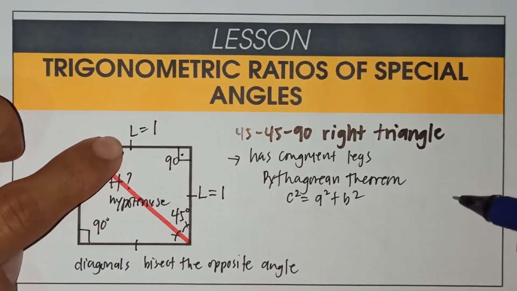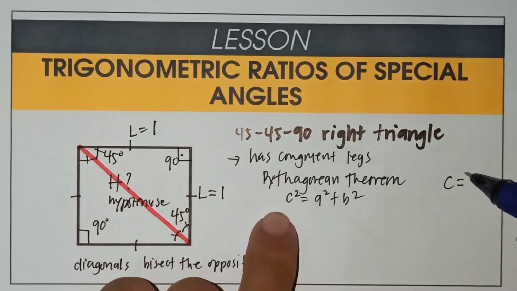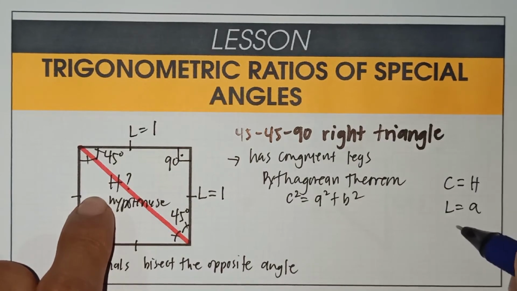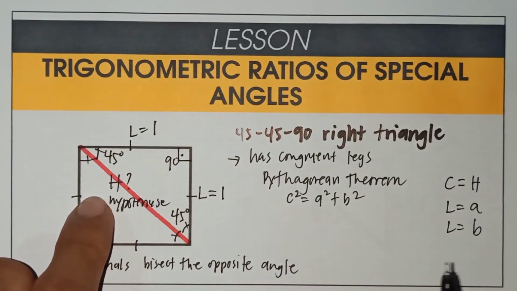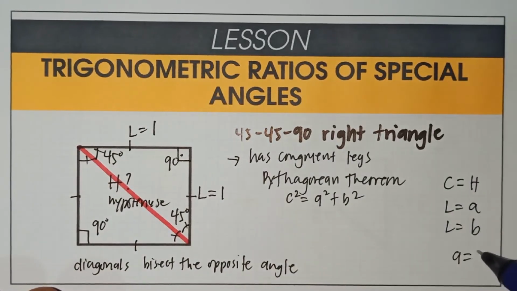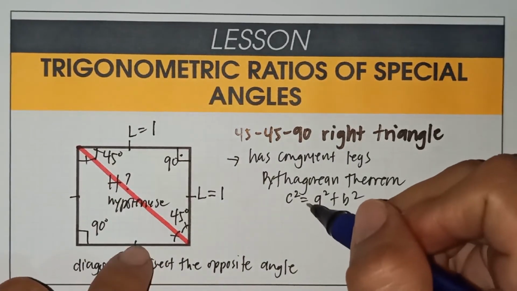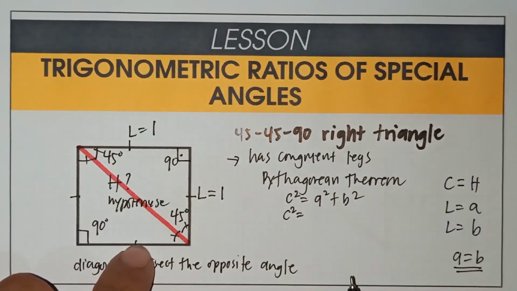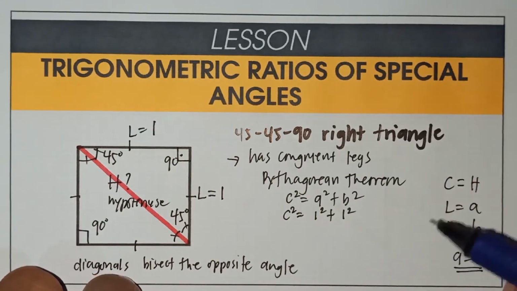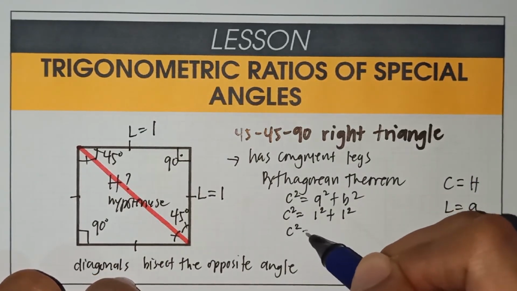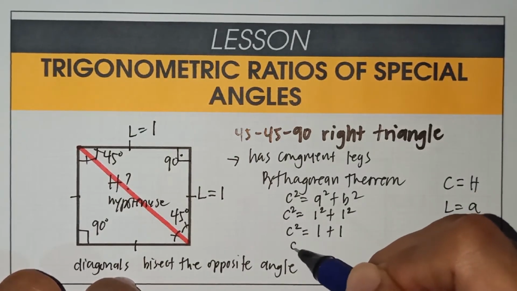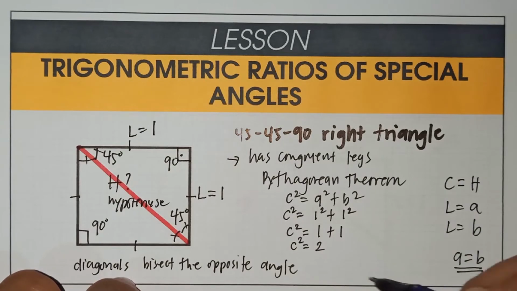We will assign the c as the hypotenuse, the leg as a, another leg as b. And the legs are equal, so whatever the value of a is equal to b. So c is missing, is equal to a here is 1 squared plus b is 1 squared. Right, c squared, 1 squared is 1 plus 1 squared is 1. So c squared here is 2.